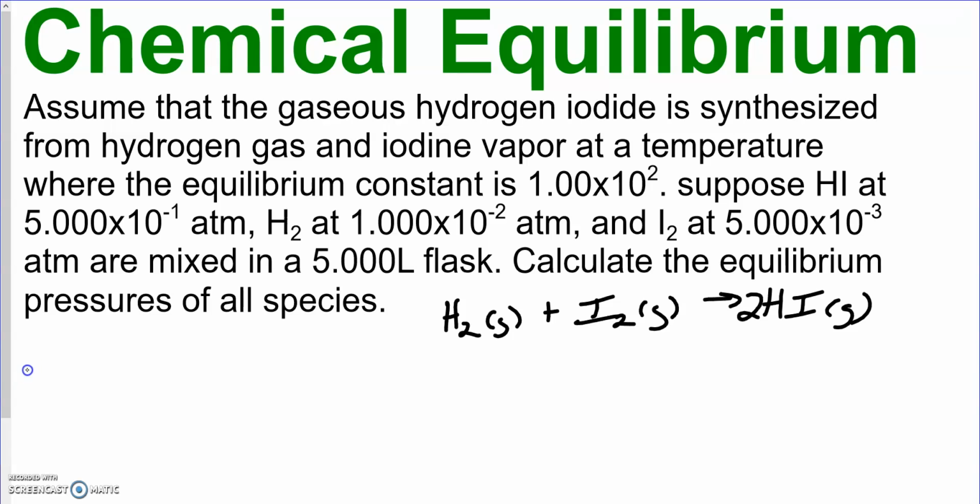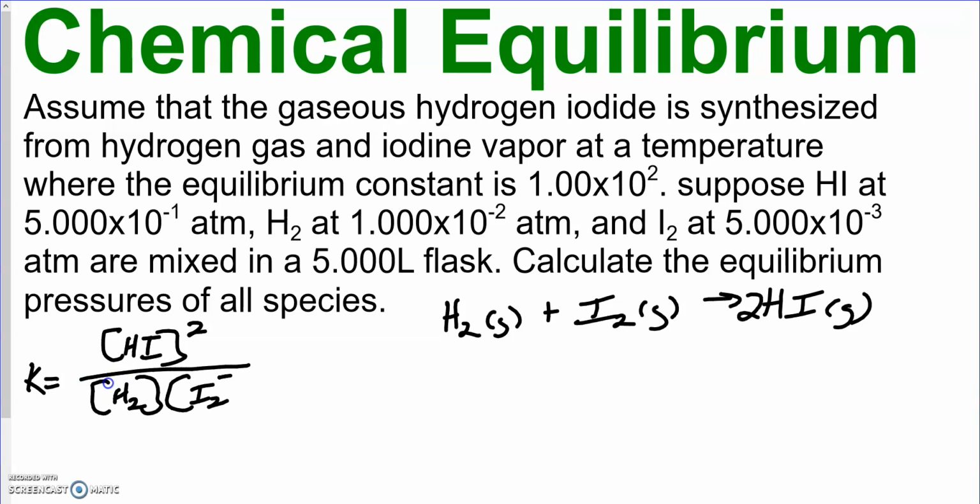So if I was going to write my equilibrium expression, which is actually my next step, these are all gases, so it would be HI to the second over H2 and I2. Of course we can replace K with its actual value, which is 1.00 times 10 to the second if we want to, or we can just leave it as K and come back up here and grab it from the problem.